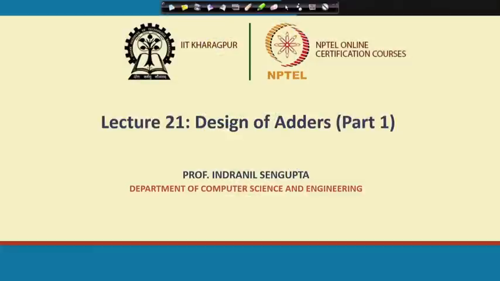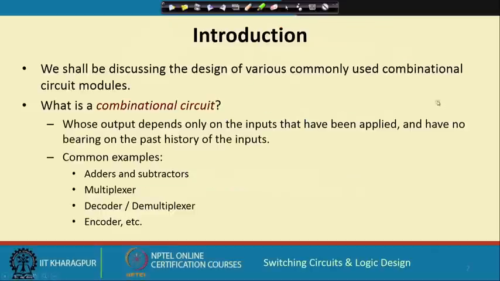Think of an adder. We need to add numbers in almost any application you can think of. So, we shall be starting by talking about the design of adders, and after that we shall be looking into some other very commonly used functional blocks. Okay. So, the title of this lecture is Design of Adders.